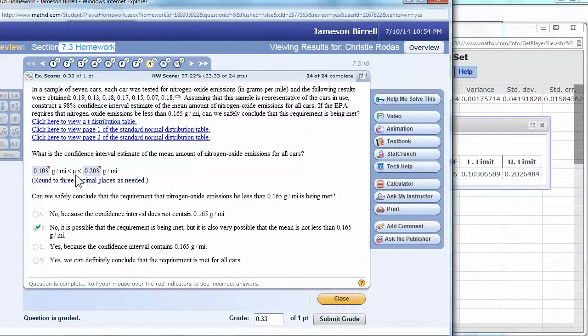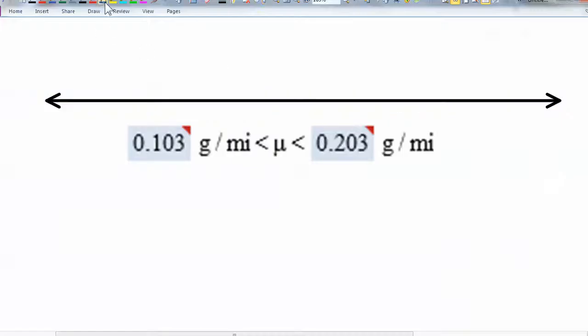But here's the problem. First of all, we're not 100% confident. Second of all, there's a lot of space on the other side of this benchmark we're supposed to be below if we're going to meet the standards, the requirement. And in fact, let me kind of draw this out. Okay, so I'll imagine this is the number line, and over here is like 0, and here's this left endpoint, here's this right endpoint, and then here's the mystery population mean.